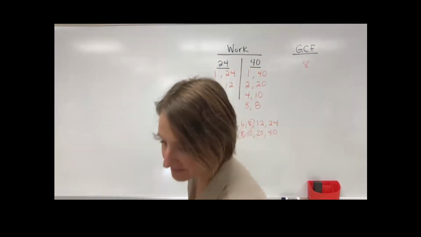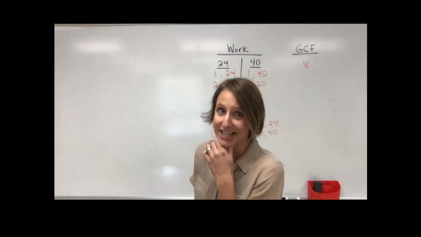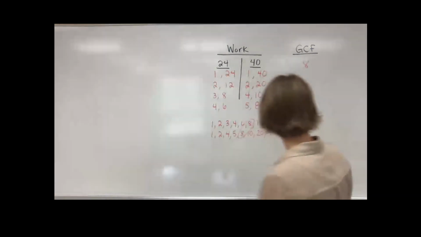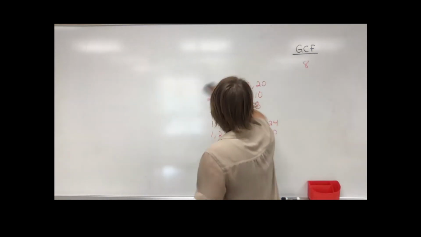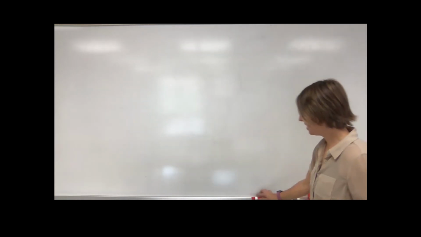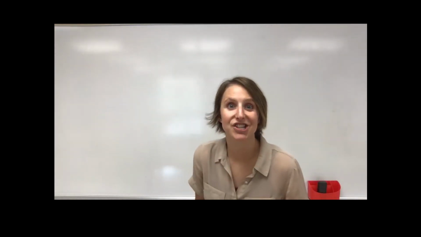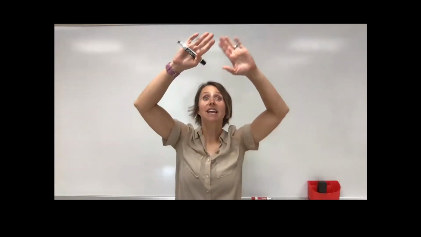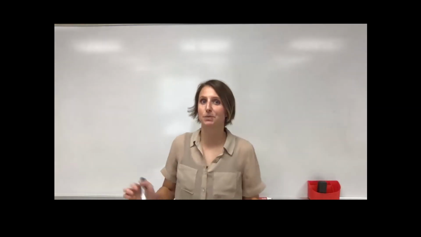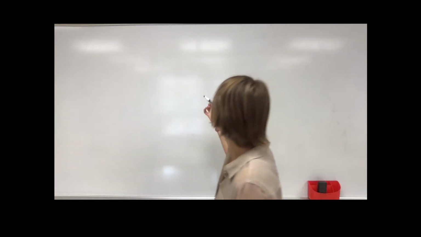Now, another way that we looked at this was in 6th grade, right? You don't have to use this way, but I just want to draw on your memory a little bit. So another way that we did GCF was using prime factorization. Tree, where you're taking a number and you're breaking it down into just its prime factors. If you like that, go ahead and use it.